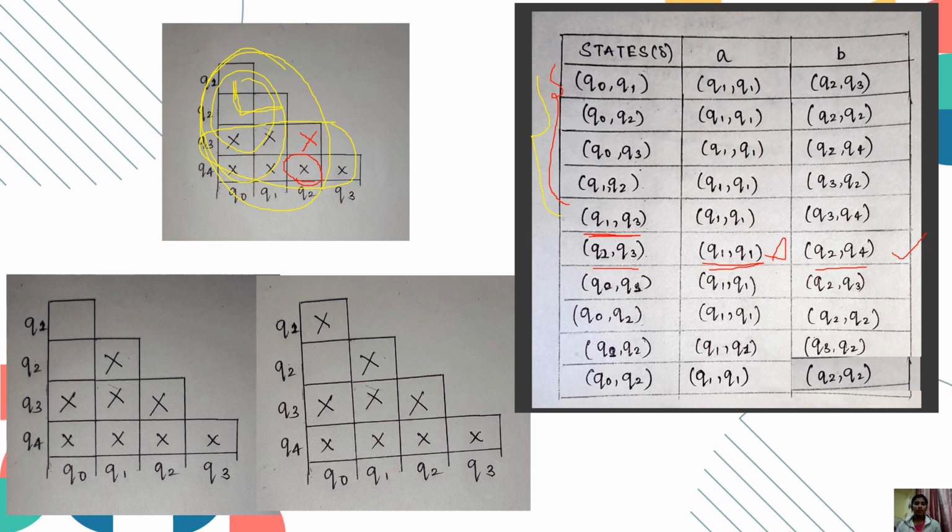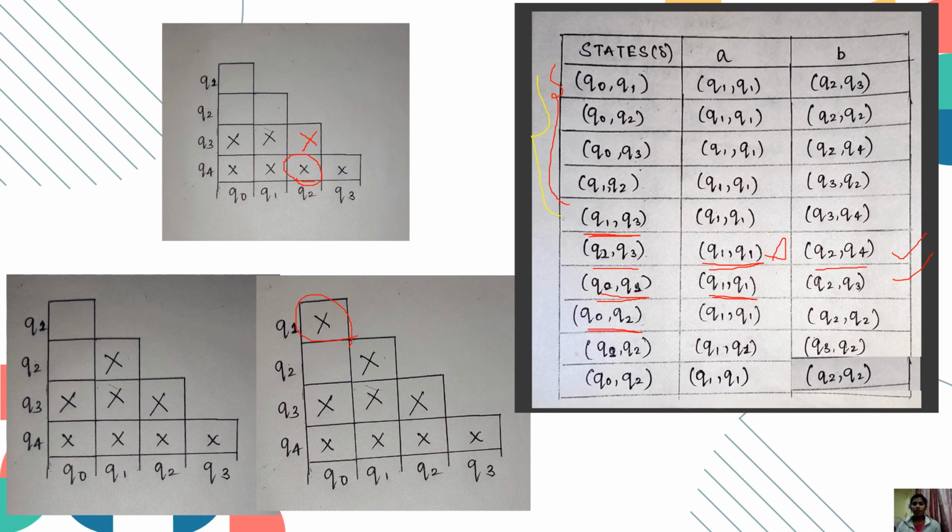Now we'll start checking from the first state, that is Q0 Q1. Q0 Q1 reaching A state is Q1 Q1, and Q2 Q3. Since Q2 Q3 is marked here, according to the rule, this state is marked, this is unmarked, so we're going to mark this state.